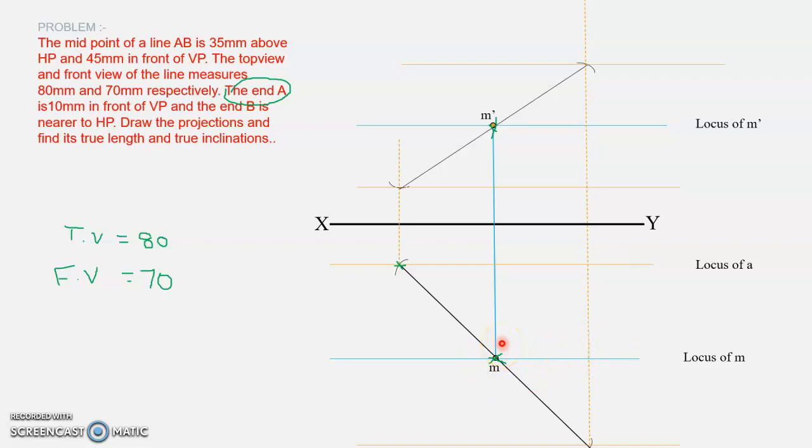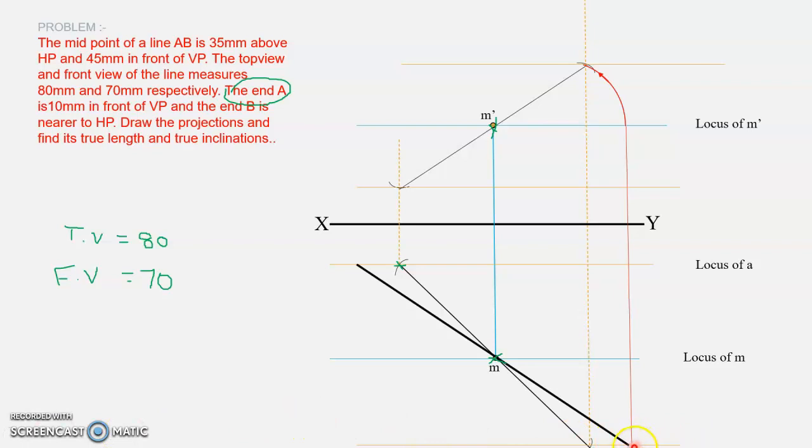Take half of the front view and half of the top view as the radius. Like this, make an arc up to the locus of M and then draw a vertical line to the opposite side's locus.